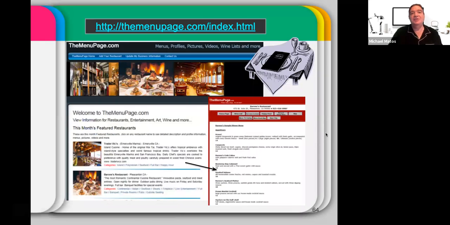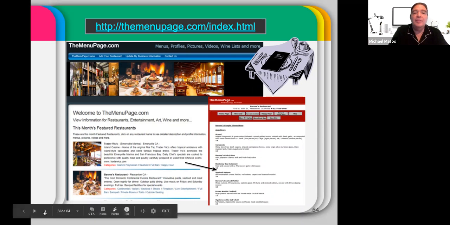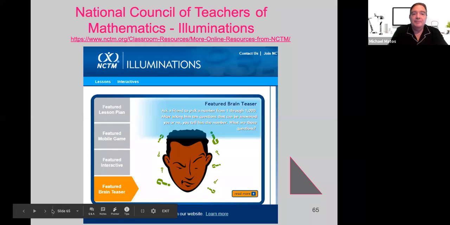Menu Pages is a site that has thousands of menus from all over the world, and you could pretend that you're going to that restaurant, use that menu, and create the word problems, activities, and equations that go along with it.